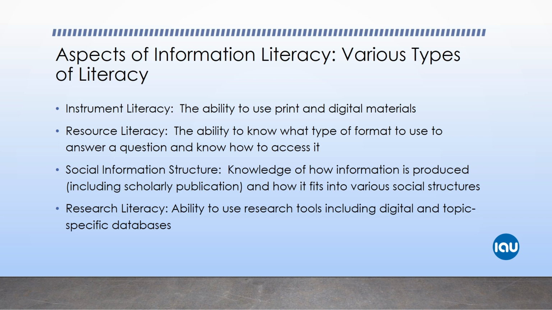So instrument literacy refers to the ability to use print and digital materials. So you will need to know how to use different types of print materials and where to find them, as well as digital materials. Resource literacy is the ability to know what type of format to use to answer a question and know how to access it.